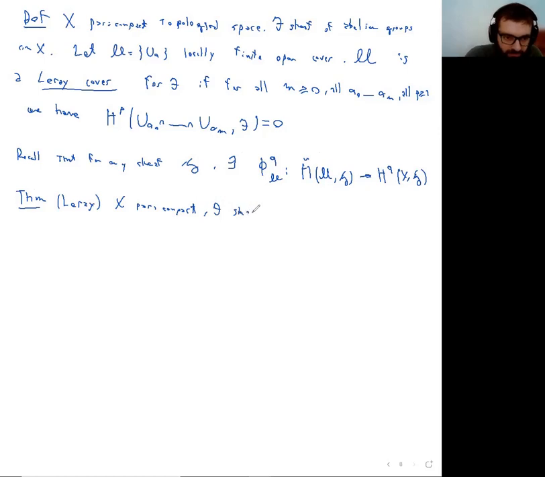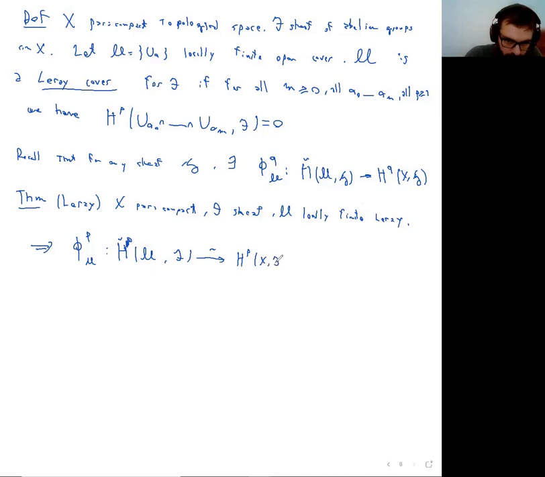We take a paracompact space with a locally finite Leray cover U. Then this induced map is actually an isomorphism. So what it's telling you is that if you take your cover to be good enough, then to compute the Čech cohomology, you can simply compute the Čech cohomology with respect to that cover. So this is now something which really can help us compute cohomologies.